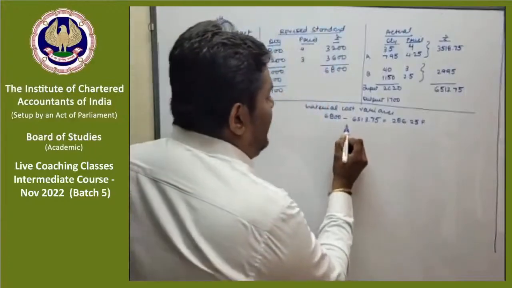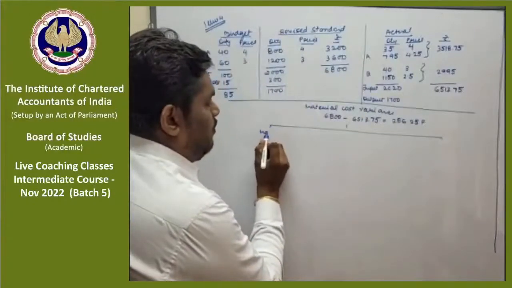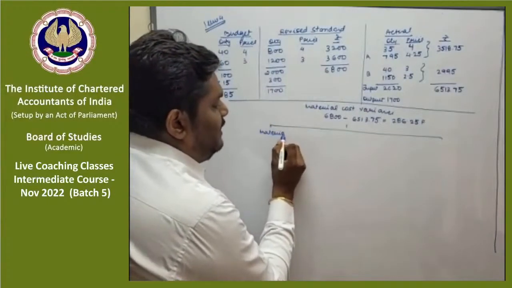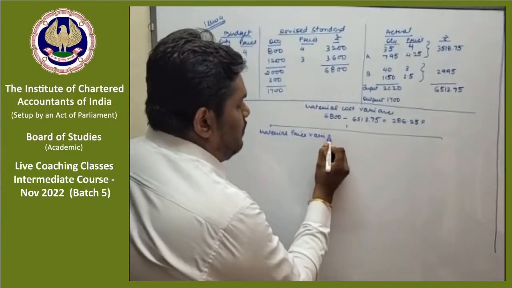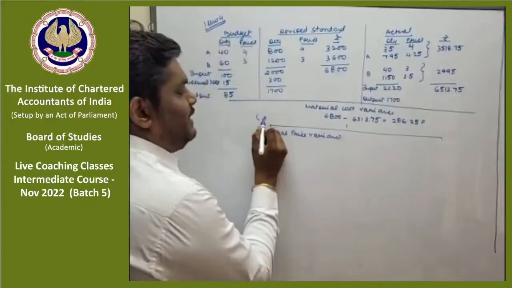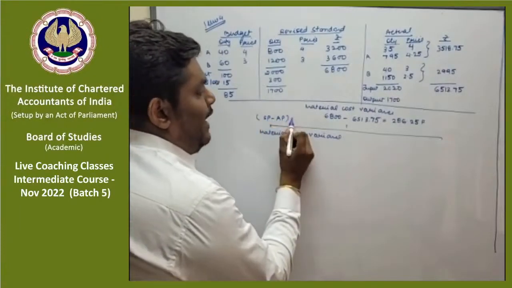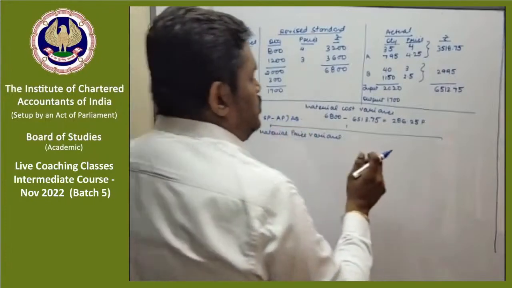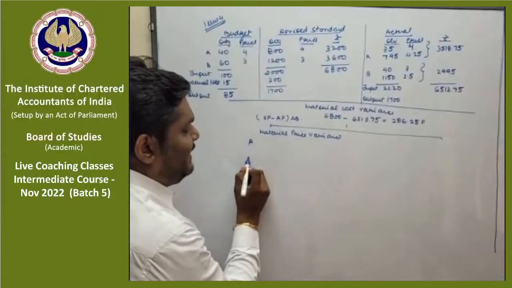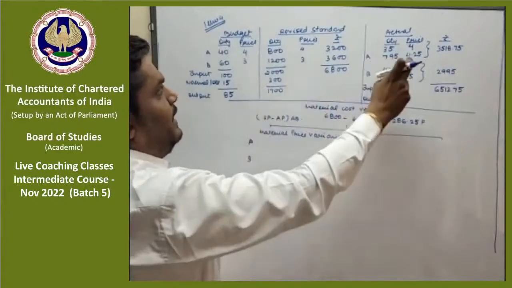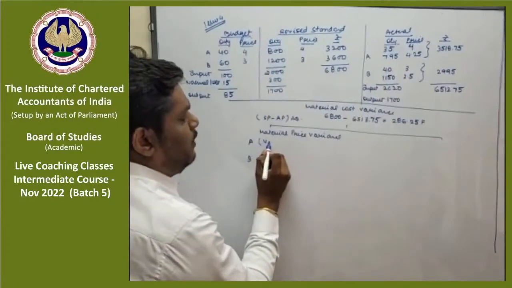Now further two parts. Material price variance, that is standard price minus actual price into actual quantity. So very simple. When talking about A and B, we'll make the separate calculation. A, standard price is 4.